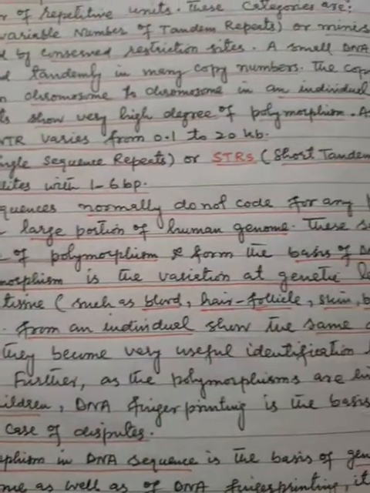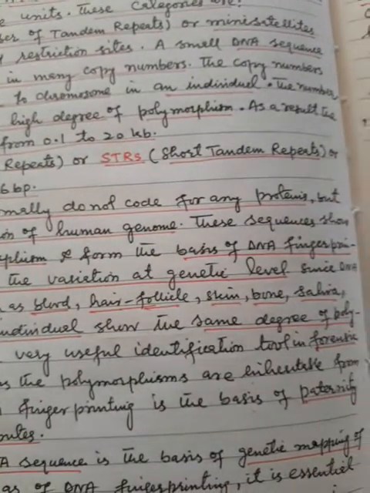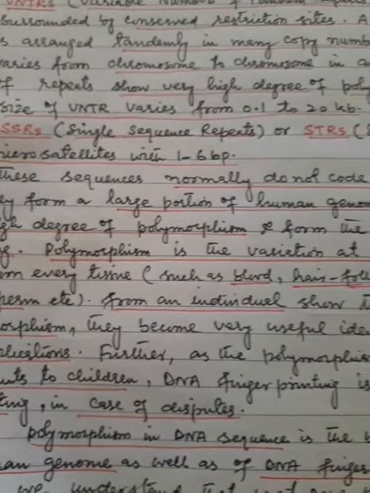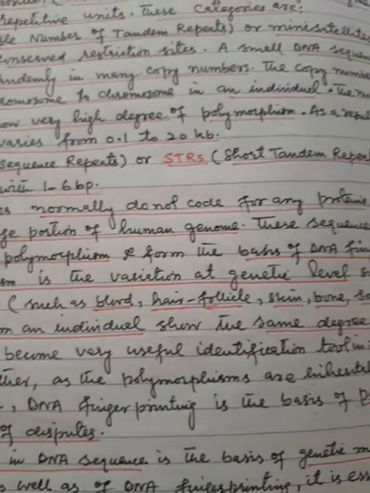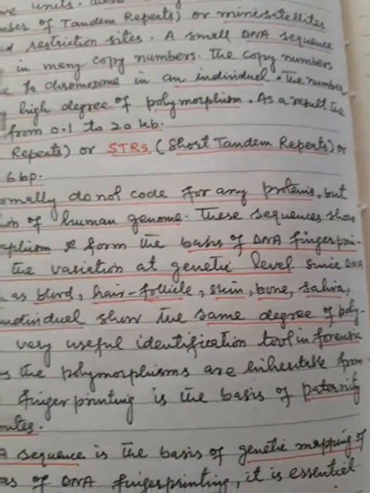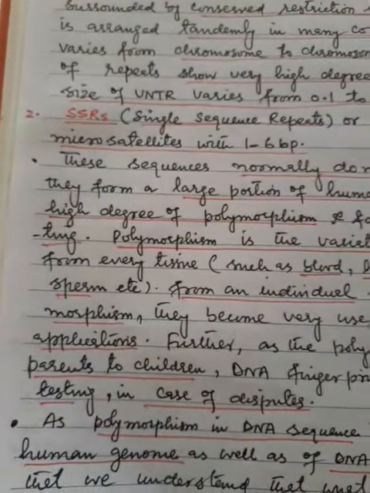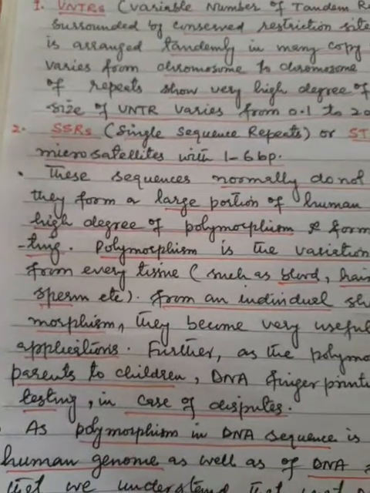Further, as the polymorphisms are inheritable from parents to children, DNA fingerprinting is the basis of paternity testing in case of disputes.